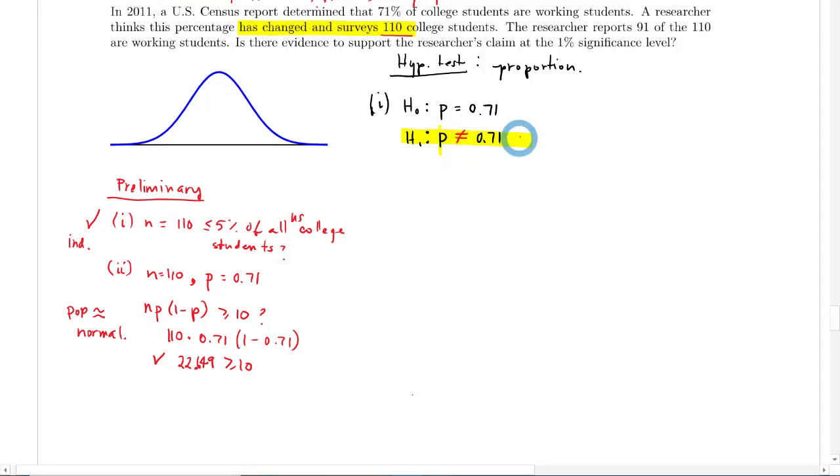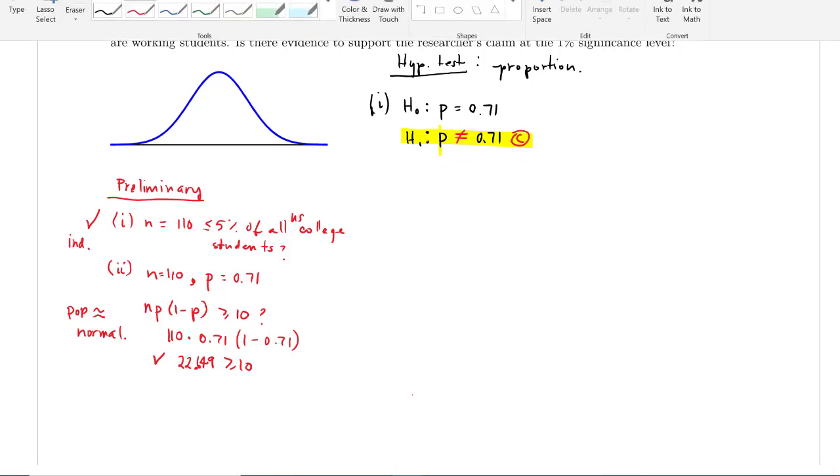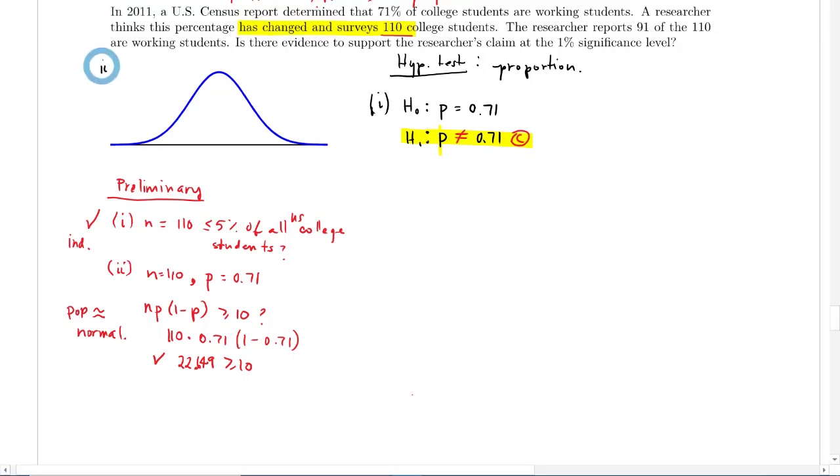So part 2 would be to draw the figure, and then we can identify the 1%. So we'll put 0.01. The population proportion is given to us as 0.71, and it is a two-tailed test, right? And what does that mean? Well, it means I have two tails. That's all it means.